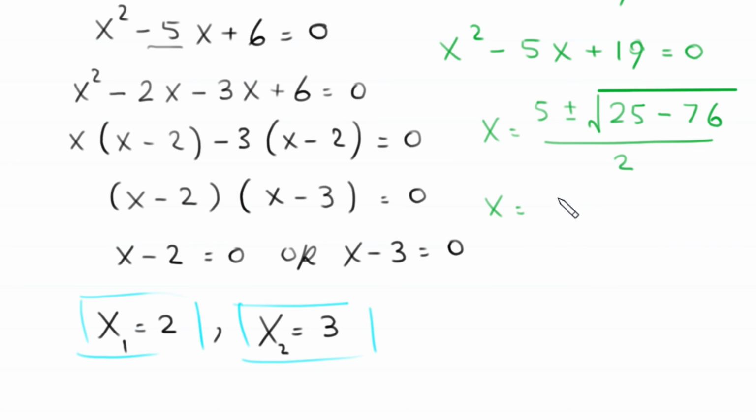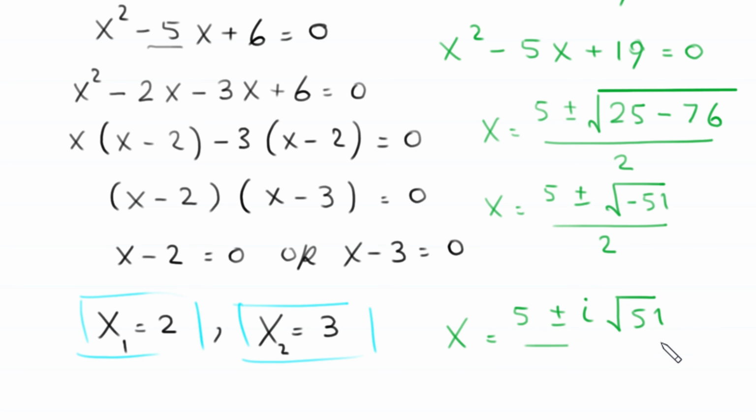X will be equal to 5 plus minus the square root of 25 minus 76, which is negative 51, divided by 2, and this will become x is equal to 5 plus minus i times root 51 divided by 2. This is third and fourth. So we have 4 solutions for this equation.